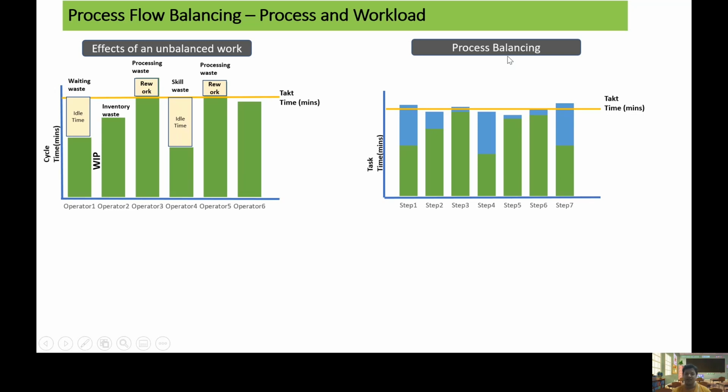Once the process balancing is completed, one has to understand the number of workmen or operators to be deployed to complete the task as per the tech time. This is a very important activity, because if you deploy fewer operators, they will become a hindrance and prevent you from giving output equivalent to the tech time.